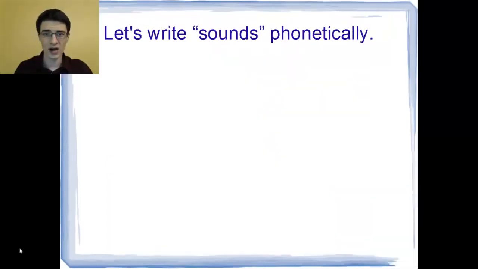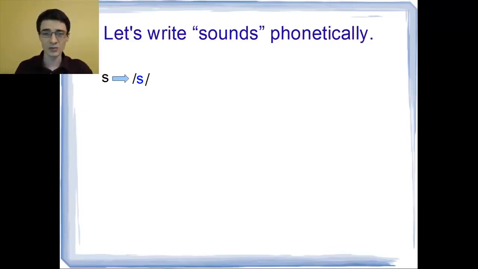Let's write the word sounds phonetically. We begin with S, which just looks like the letter S. Notice that it's blue, which means that it is unvoiced. If we make the S sound, our throat does not vibrate.